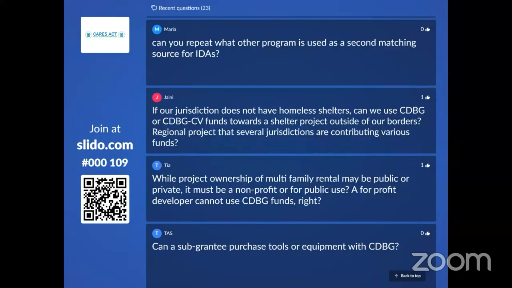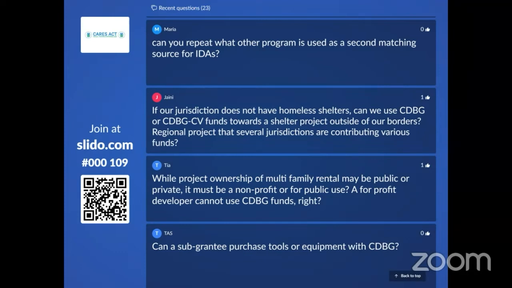Okay. The only other one I know specifically is done by the Department of Health and Human Services, and it's called Assets for Independence Program. HHS probably has other programs that can be used for a match, depending on what else they have.